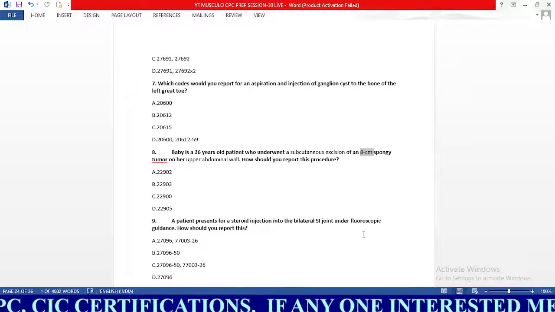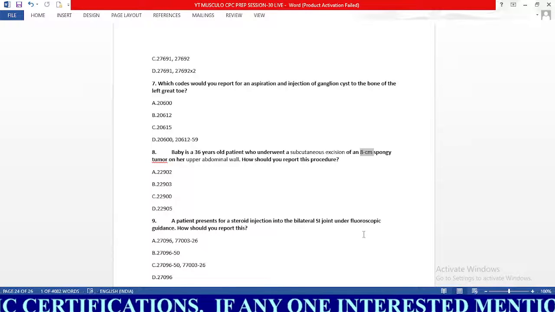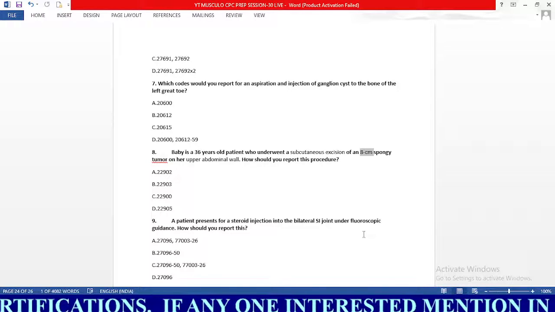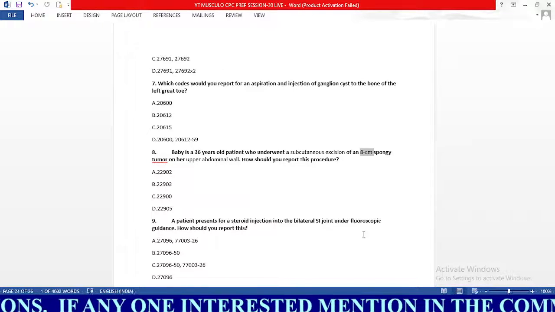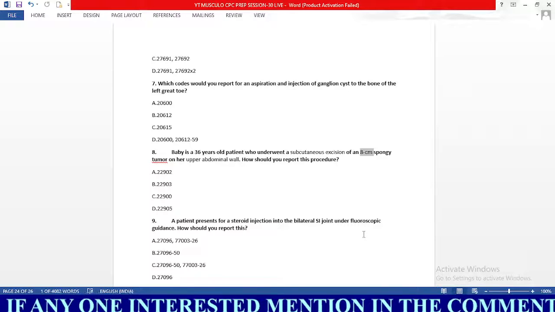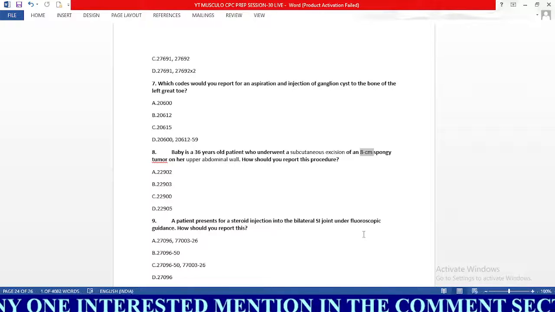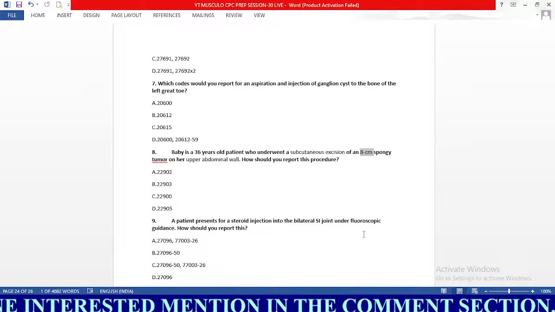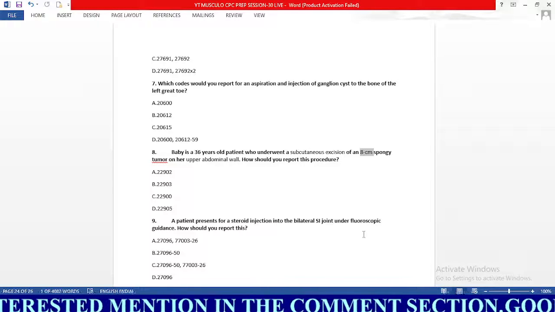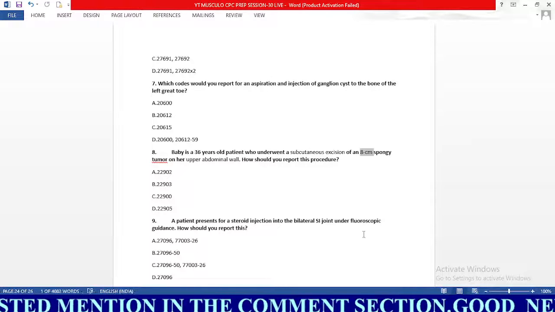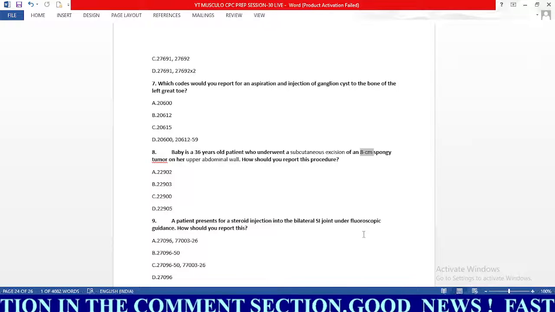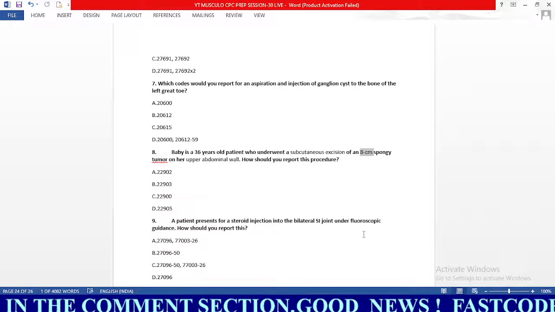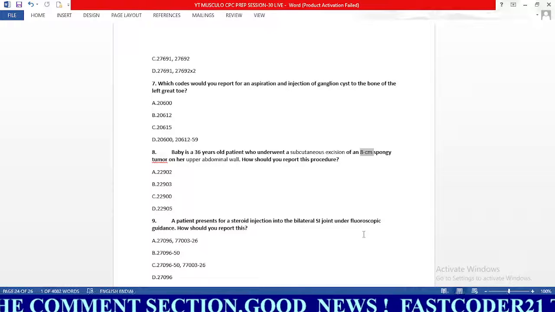Thank you, Pooja. We just need to choose the keyword first, then we need to code. So choosing the keyword is very important, whether it is CPC or surgery coding.